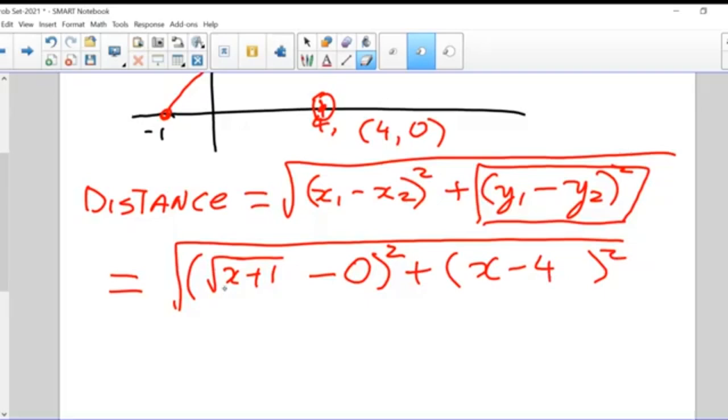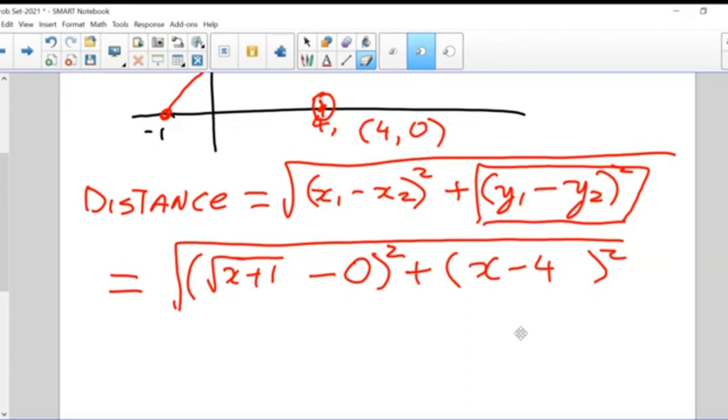So generic y value is, let me circle it, this guy right here, minus the specific y value that we're talking about, which in this case is 0, because we're measuring it to 4, 0, plus generic x value, which is simply x, minus the specific x value that we're talking about here.